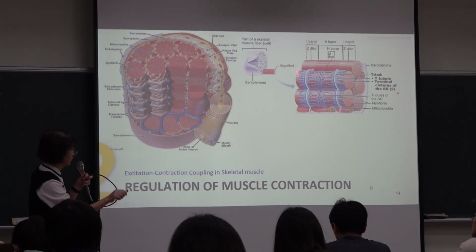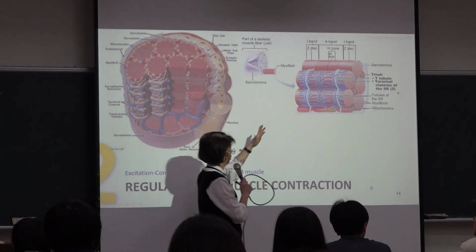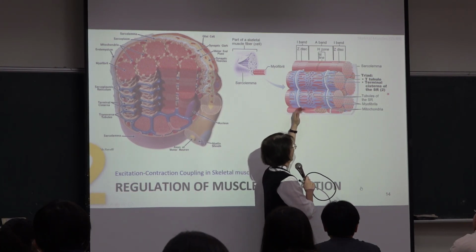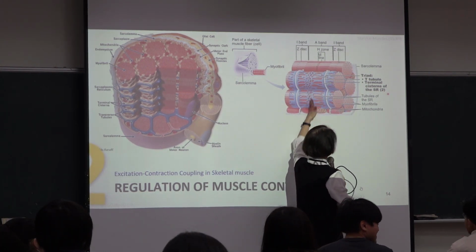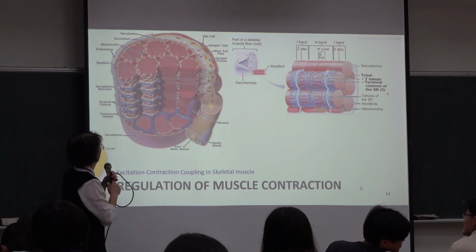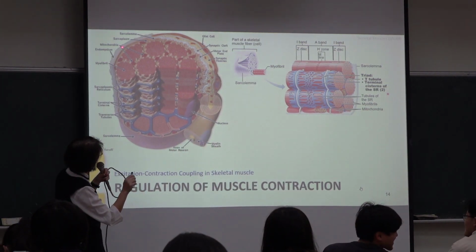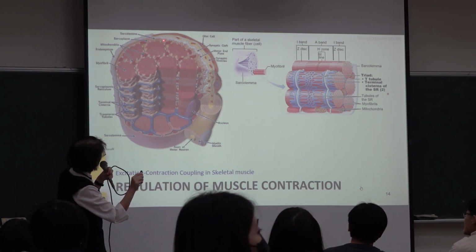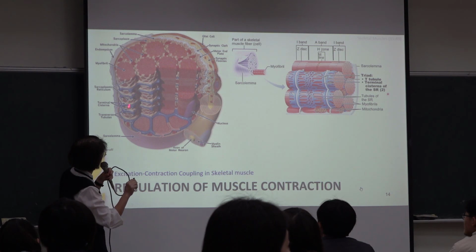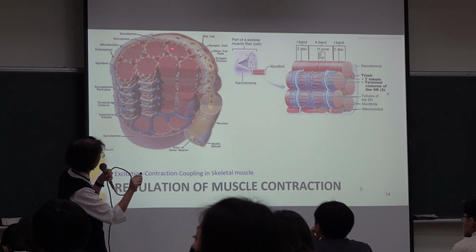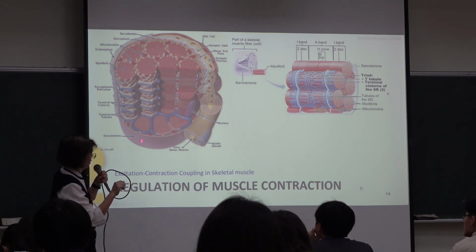This is the cross-sectional view. All right, so if you cut through here, you can see like this, right? The plasma membrane, sarcolemma, will invaginate. So the tubes, T-tubule, transverse tubule, will surround the myofibrils, okay?